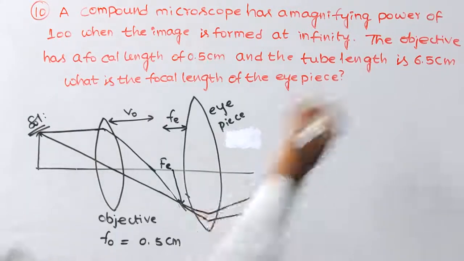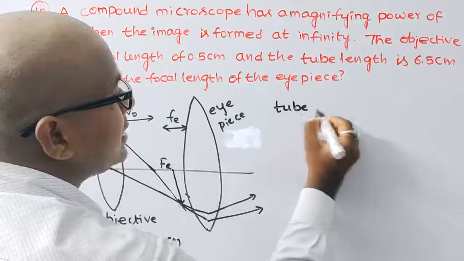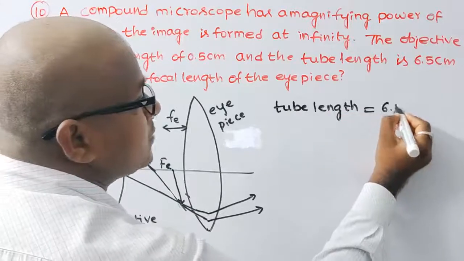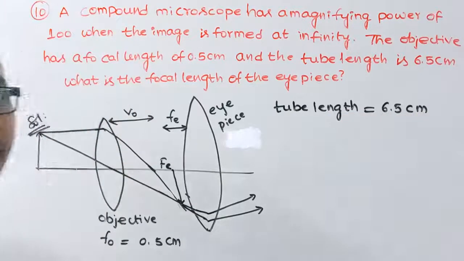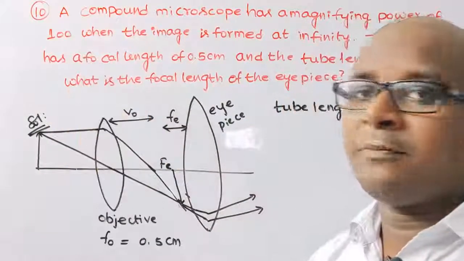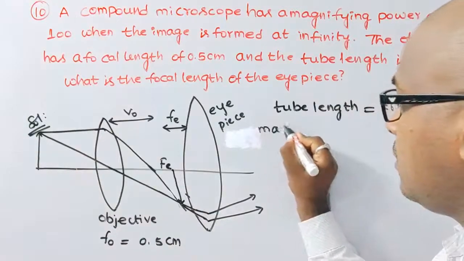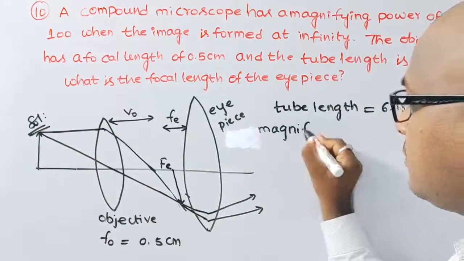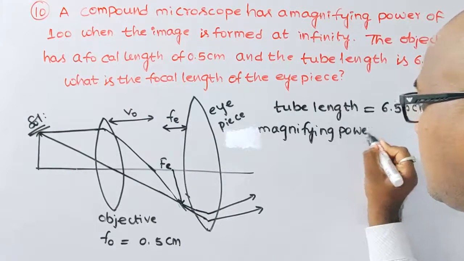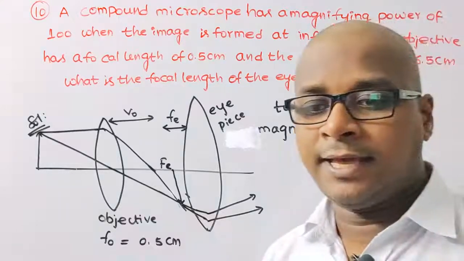The tube length is 6.5 centimeter. The magnifying power is 100.